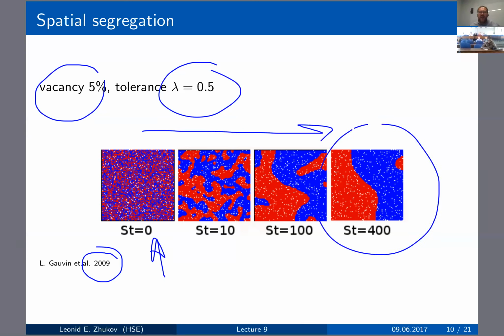All red agents move towards red agents, and all blue agents move towards the blue agents. And that's actually a very fundamental discovery. This is the main point of the work: though personal preferences might be quite tolerant, it still can lead to a complete segregation for the entire system.